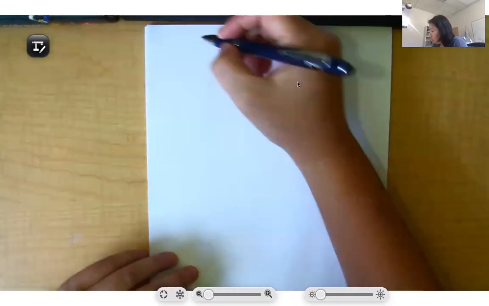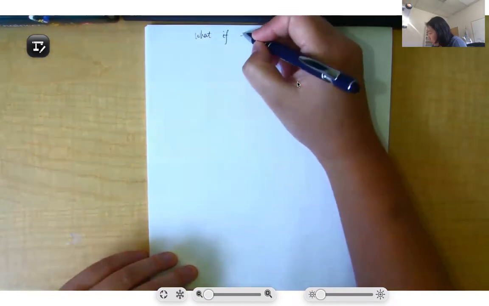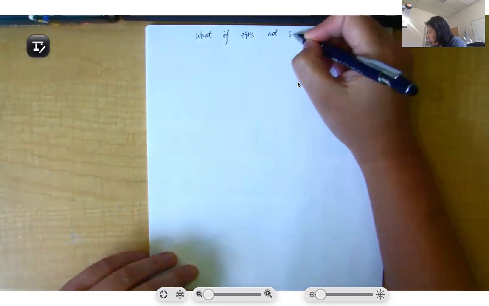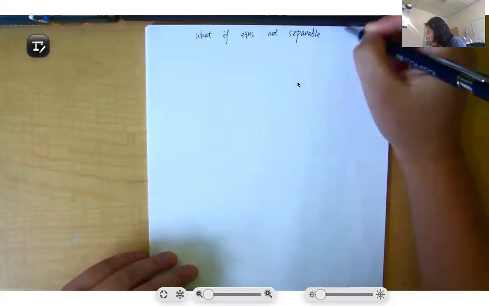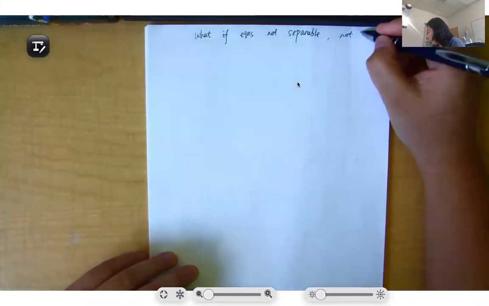Okay. So what if the equation is not separable, and not indirectly separable, meaning not homogeneous?